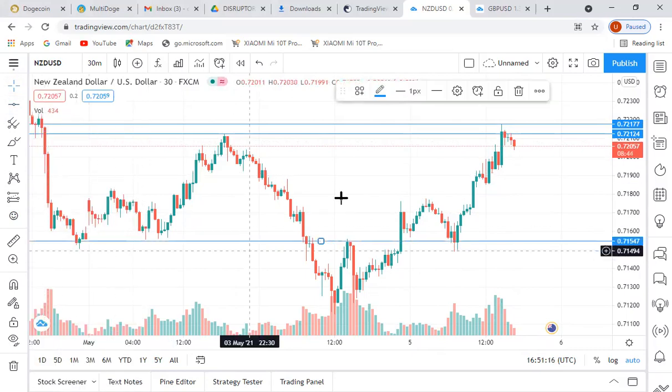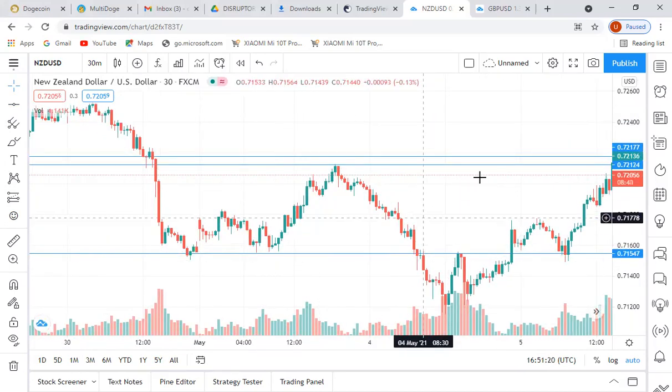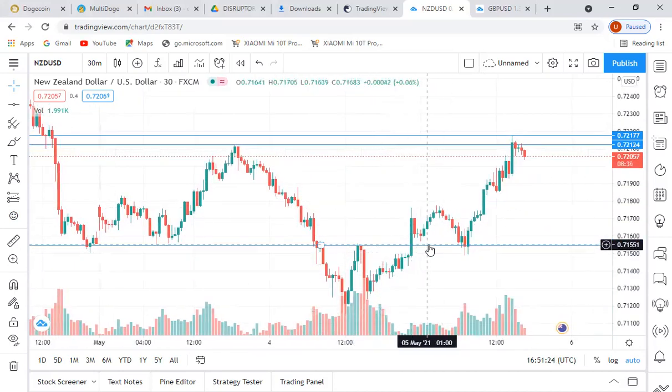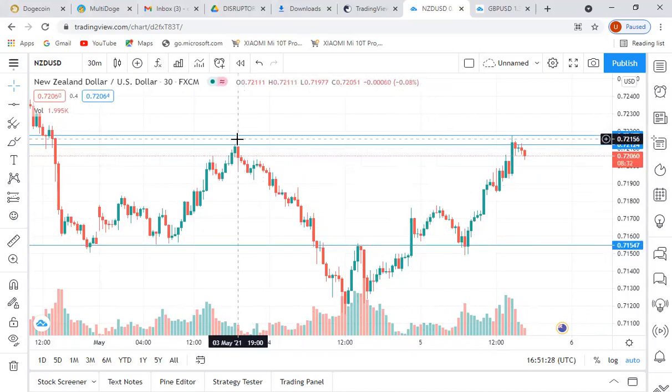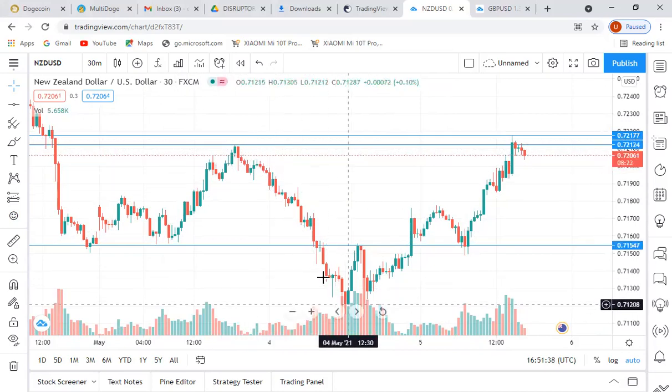This was our support zone one, but right now it is not, because on Monday, for example, when price bought from here and sold here, the next time it didn't respect this zone. Rather, price broke out of it.